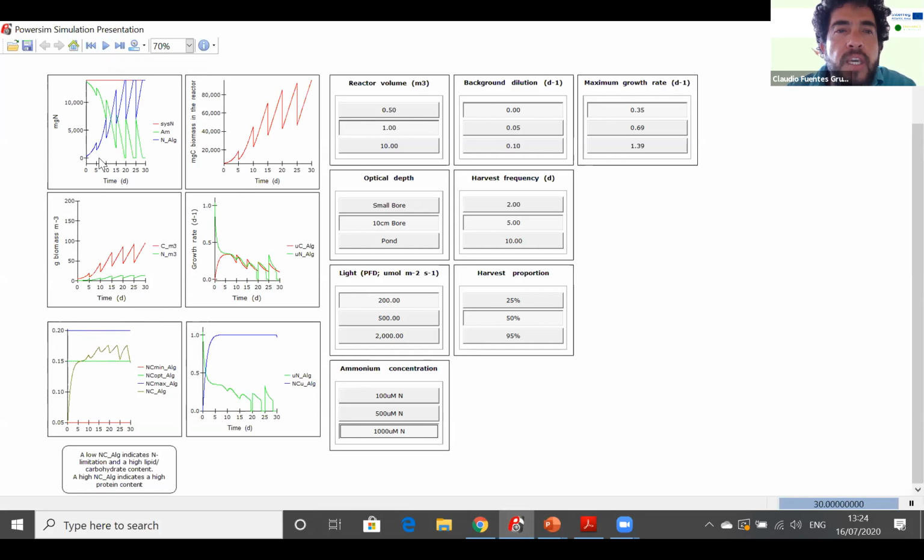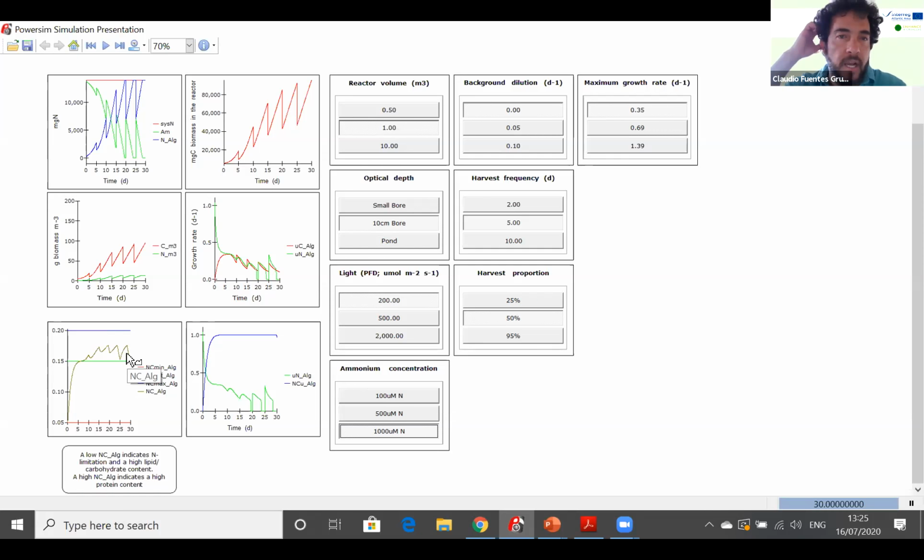As you can see here, if you go to the bottom, it says the high N:C of the algae, which is this one, indicates a high protein content because it's higher than 0.15. So we would expect that our Porphyridium has a good amount of protein, which, in the case of Porphyridium, we can, for instance, harvest as phycoerythrin, a water-soluble protein.